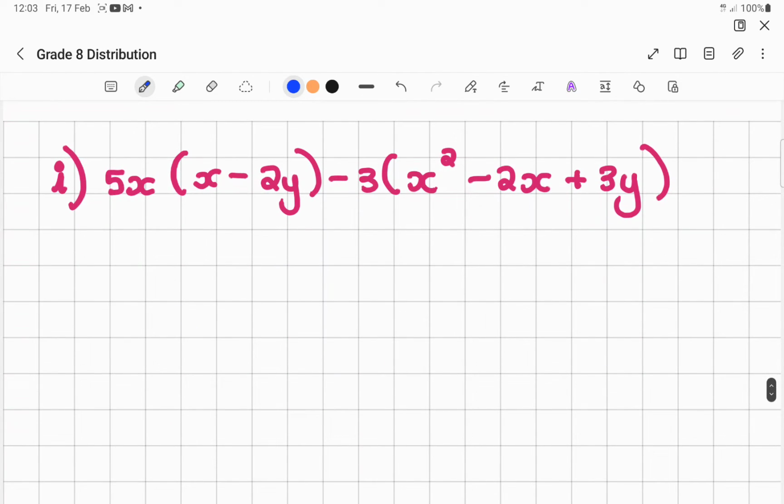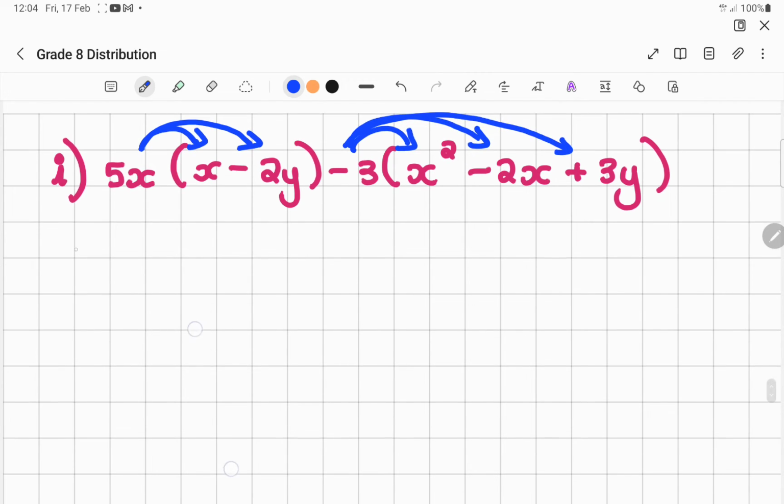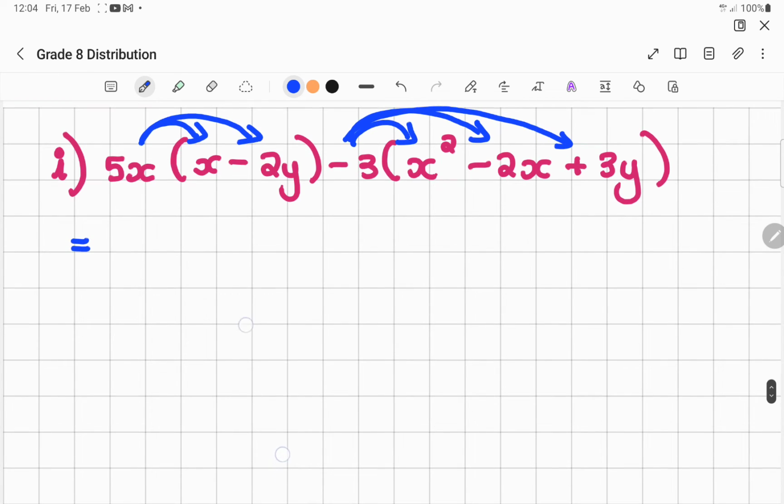Last two sums, and then I will let you be. Over here, the 5x has to go in, as well as the negative 3 has to go into these three terms over there. So 5x times x is 5x squared. Positive times a negative is a negative. 5 times 2 is 10.